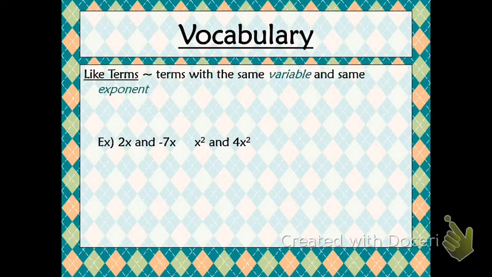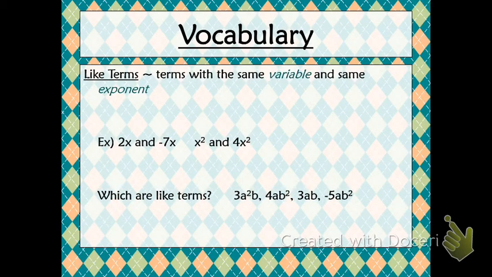Also, x squared and 4x squared. That has the same variable part. A counter example might be, say, if I had something like 1x cubed and 2x to the 4th. Those are not like terms because even though they both have x's, the first one is degree 3 and the second one is degree 4. They have to have the same exponent part.